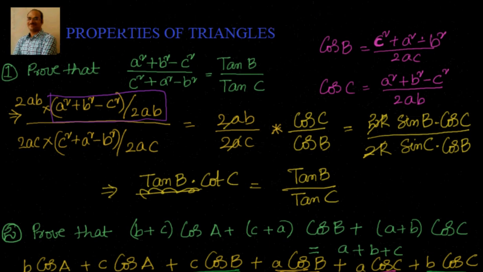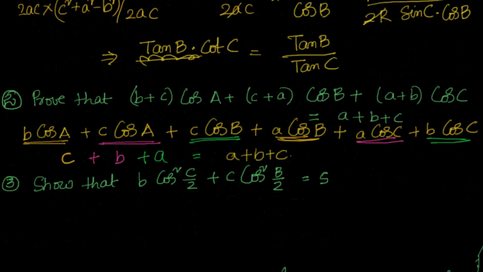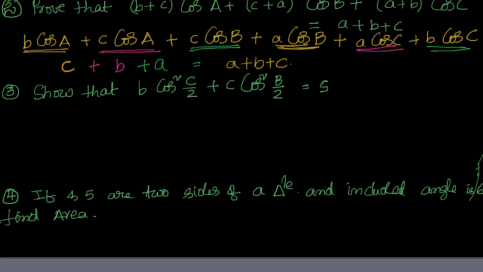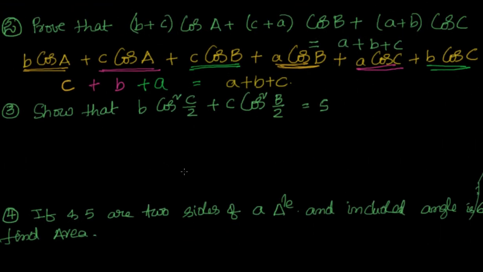Show that b cos square c by 2 plus c cos square b by 2 equal to s. So I should immediately remember the half-angle formulas. We know that cos square c by 2, since I am squaring it there will not be any square root, is s into s minus c divided by ab.